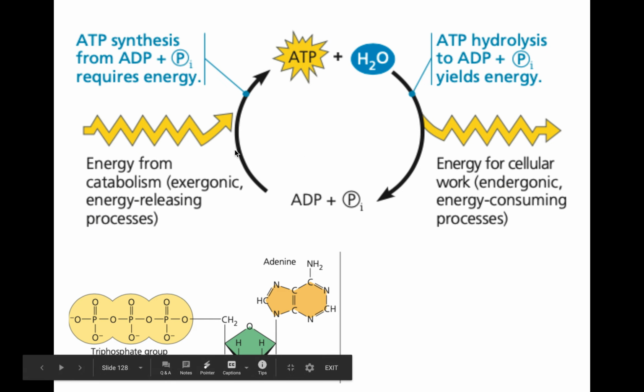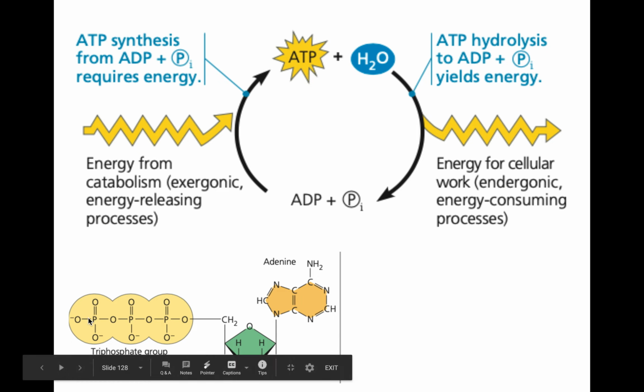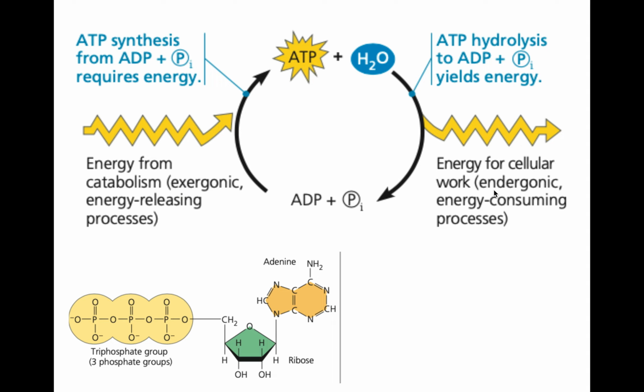Here is the ATP or energy coupling cycle, all right? So what happens is you have ATP, and it gets hydrolyzed with water going through hydrolysis, and you can pluck off those phosphate groups. So you can pluck this one off, you can pluck this one off. And what that does is release energy that goes into cellular work. So it can go into endergonic or energy consuming reactions.